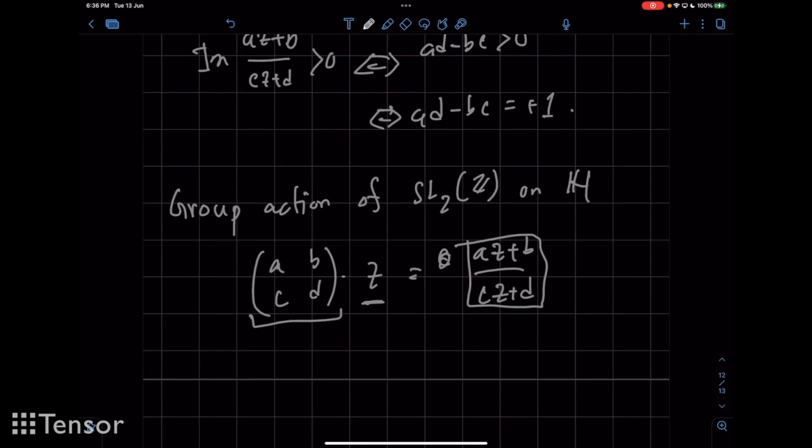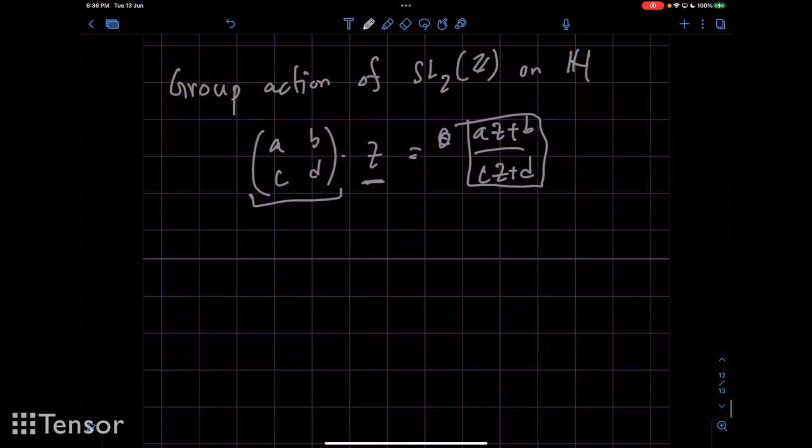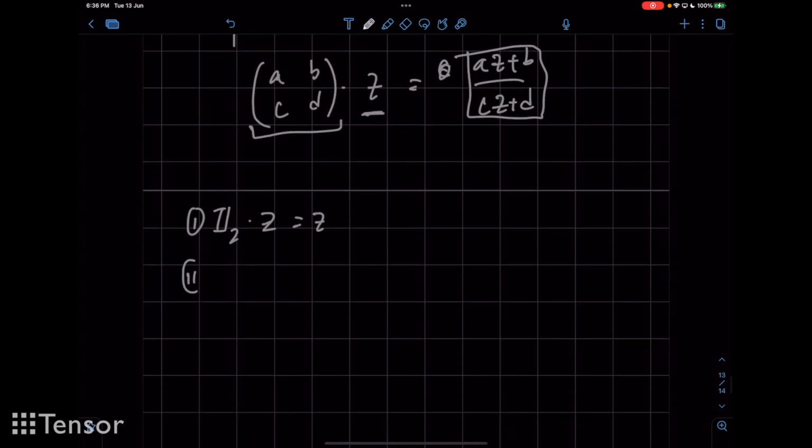Now we have to verify that this is indeed a group action. For that, we need to check two things, right? One is the identity matrix acting on a complex number is the complex number itself, and the other is some sort of transitivity, that is, gamma 1 gamma 2 acting on z is equal to first gamma 2 acting on z and then gamma 1 acting on that element.